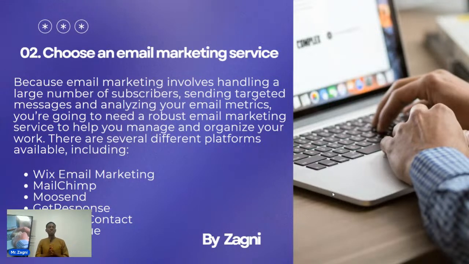Sending targeted messages and analyzing your email metrics, you're going to need a robust email marketing service to help you manage and organize your work. There are several different platforms available. So these are the platforms which I mentioned that you can use as your email service to be sending emails to your potential customers or your customers, or for you to be able to keep your customers, right?